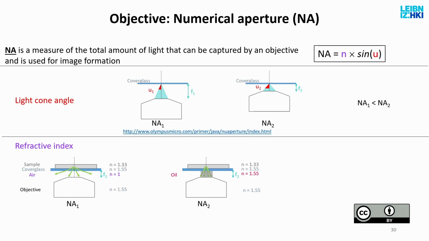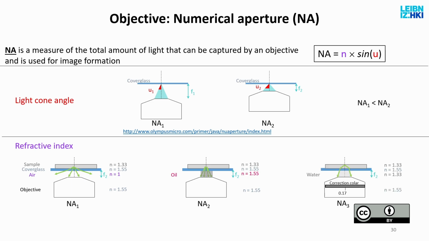So the light beams that like to refract away will now happily stay inside this droplet of oil.